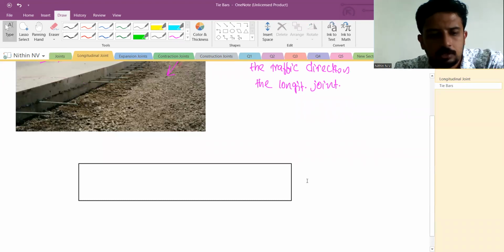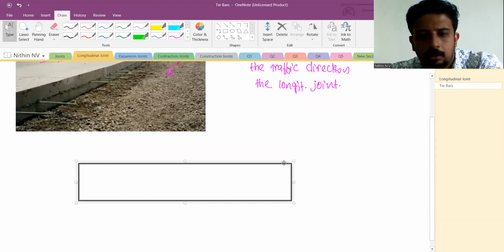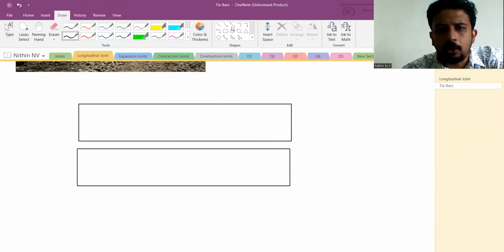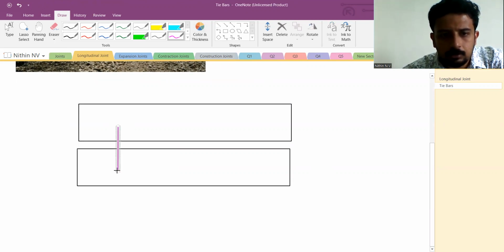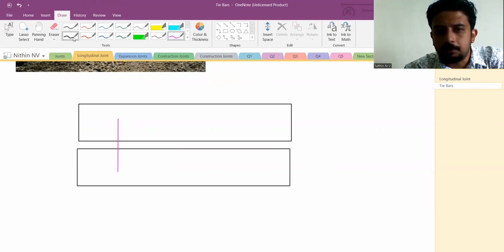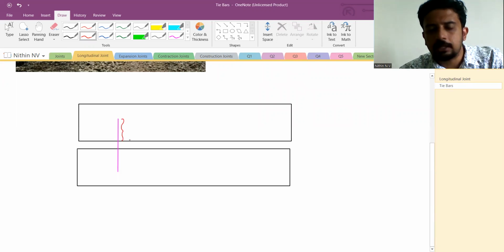This is one slab, and this is another slab, exaggerating the gap between them. To have a proper bond between them, I'm drawing one single tie bar, just one only I'm showing. Now see, whenever we are keeping a tie bar like this, look at this portion. A portion got penetrated into the concrete.